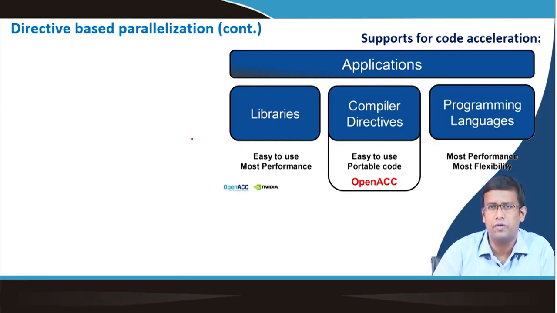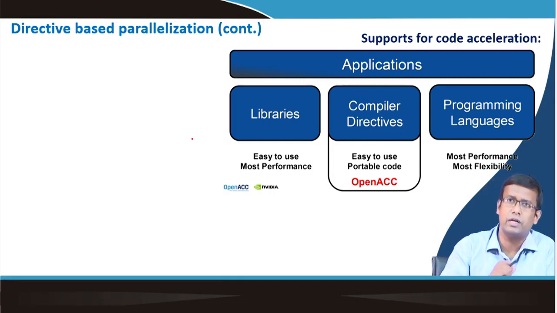It gives you very good performance, it is very flexible. However, you need to learn the language, you need to learn the syntax and semantics. In a library it is easy to use, you usually get good performance also, but it is not much flexible, there are certain restrictions. But in between, you can use compiler directives which are easy to use, and you can have your own code.